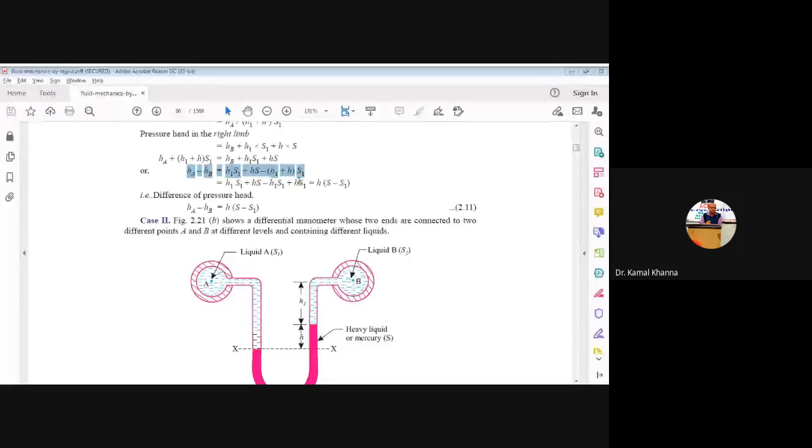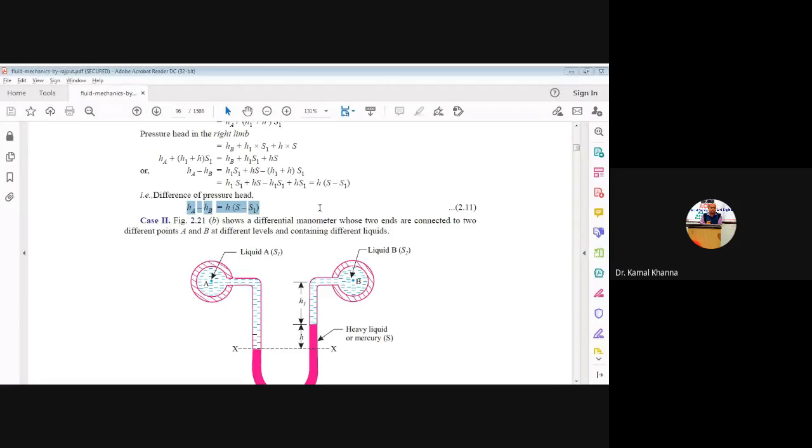The H1 S1 terms cancel out, so it becomes H common into S minus S1. So the difference of pressure head, when the liquid is the same at both points, is HA minus HB is equal to H into S minus S1.